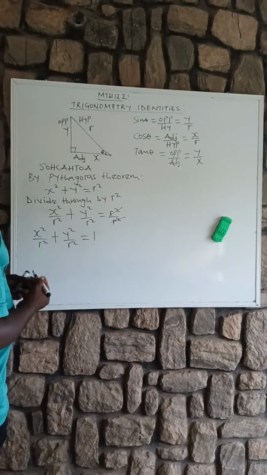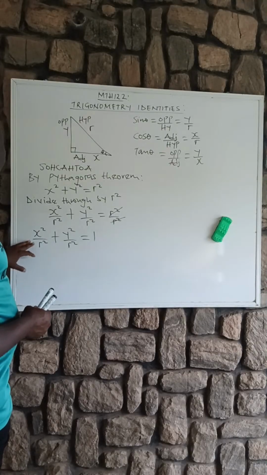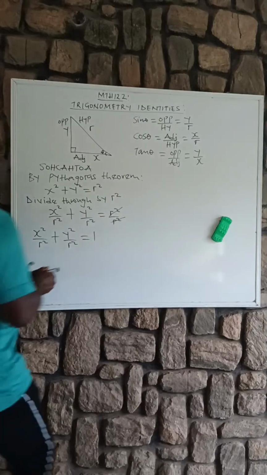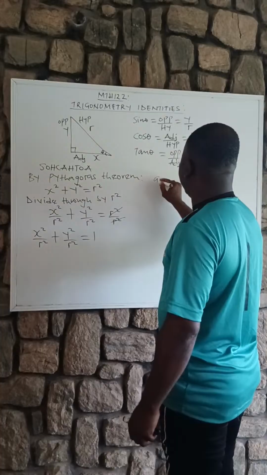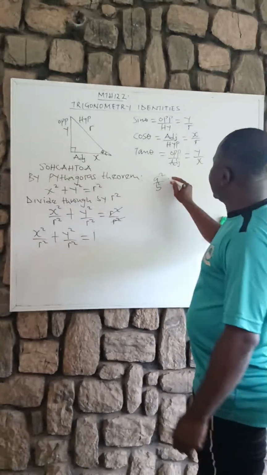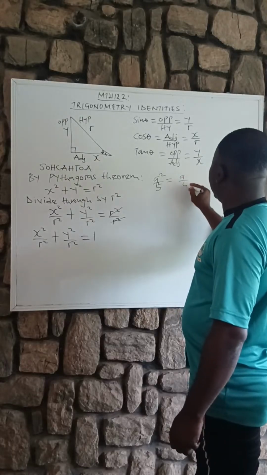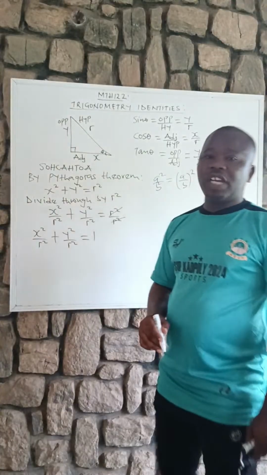If we have in algebra a squared over b squared, we can rewrite this in this form: a over b, all in brackets, squared. True or false? Do you agree with me?